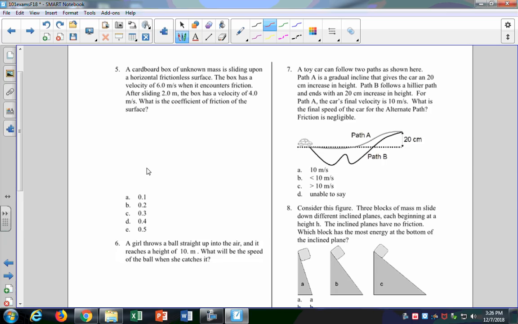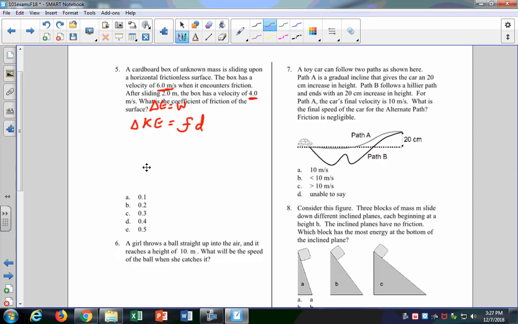What this object has done is it has lost some energy. The reason it's lost energy is that it has had a change in kinetic energy. It went from 6 meters per second to 4 meters per second. The reason it lost kinetic energy is because the frictional force has done work on that object. Change in energy is equal to work; that's the work-energy theorem.